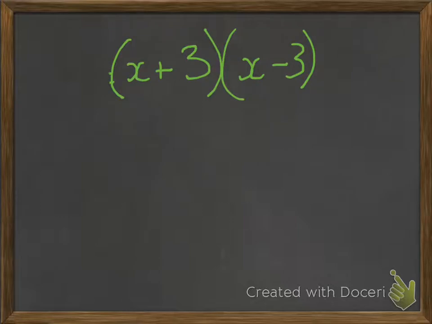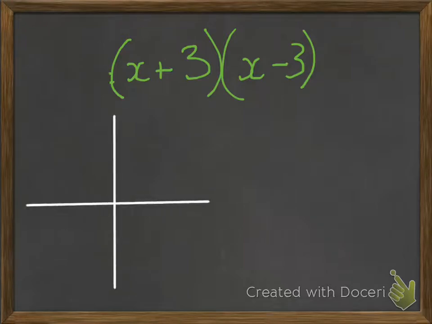And then to complete this, all I need to do is find the values of x. Just as general revision for quadratic equations, if I've got a graph, I don't know exactly what x squared minus 9 will look like, so I'm just going to make it up, but let's say it looks something like that.